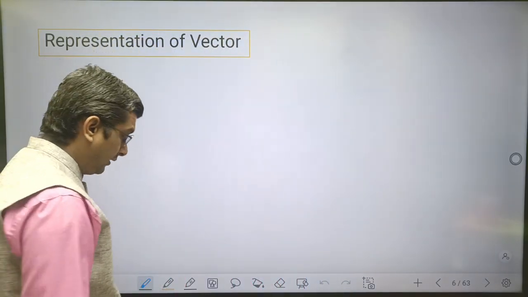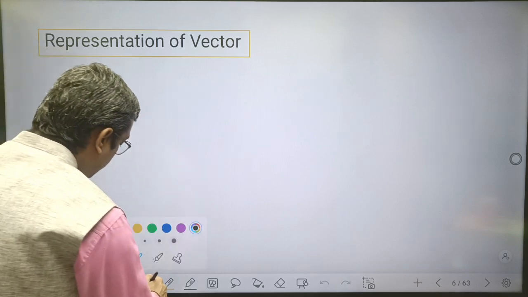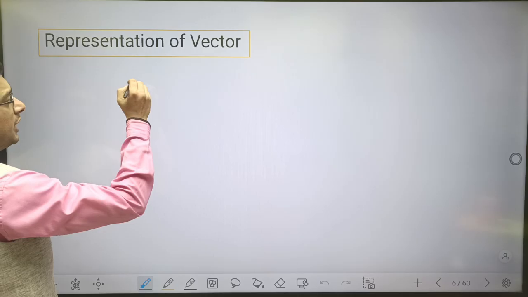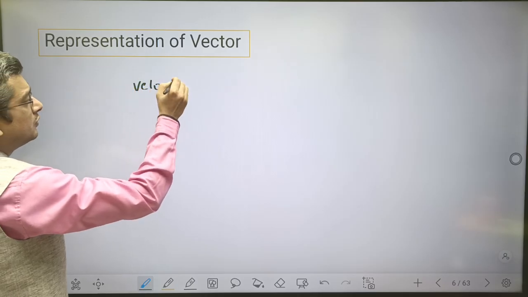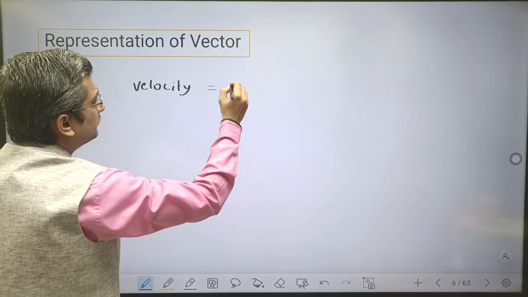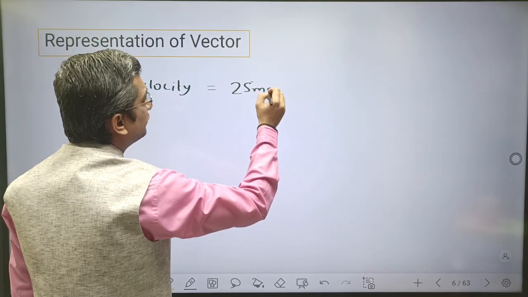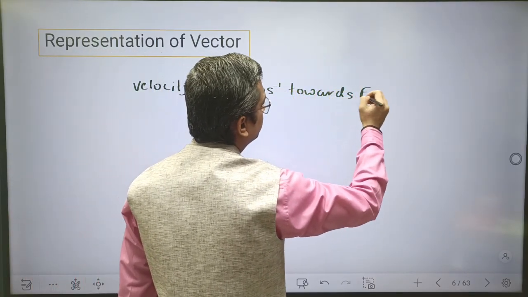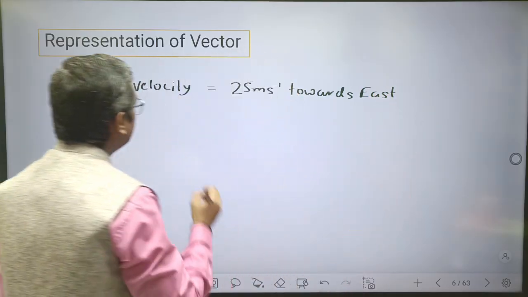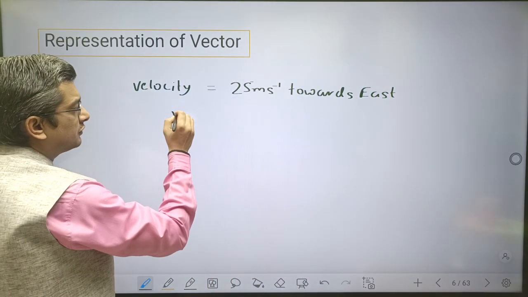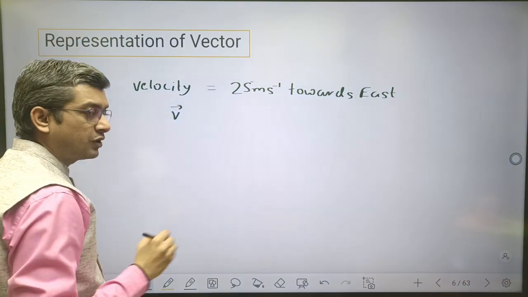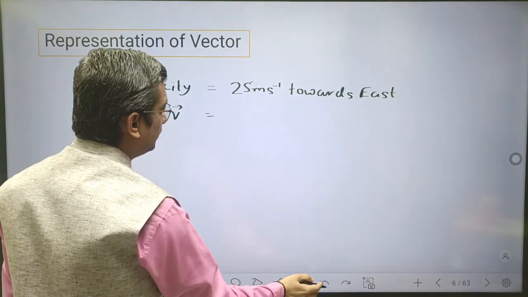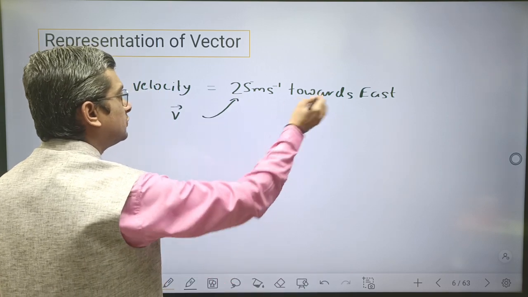Now, representation of vector. So, dear students, a vector is represented by putting an arrow. For example, if I talk about velocity equal to 25 meter per second towards east, so velocity is written by putting the symbol of velocity and putting an arrow over this symbol, and this will represent velocity is equal to 25 meter per second towards east.